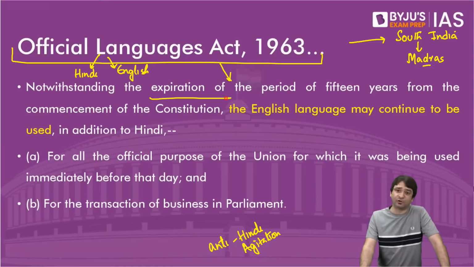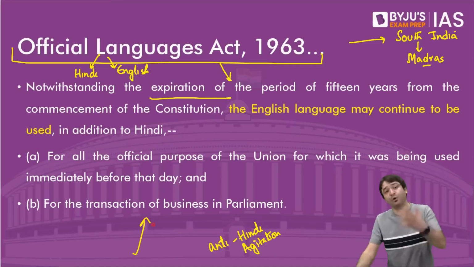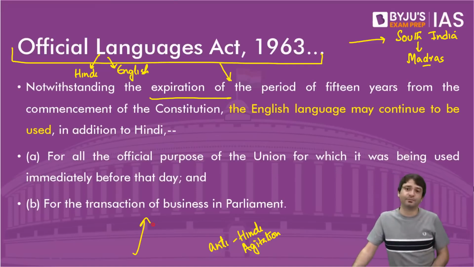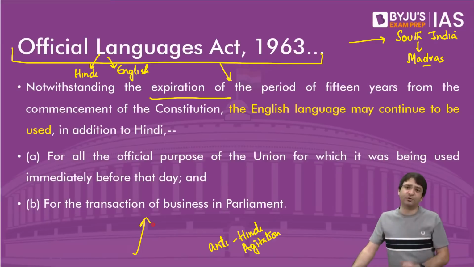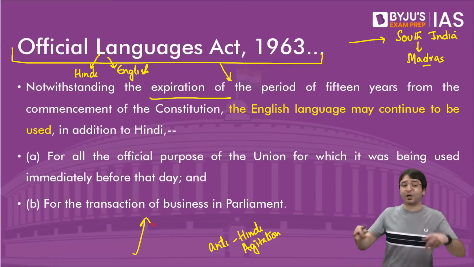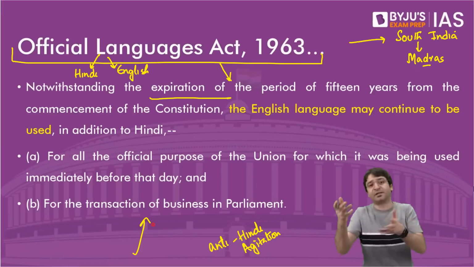And in parliament also, for all the transaction of business, both Hindi as well as English will be used. While communicating with the states, both English and Hindi will be used. When the central government communicates with the people, both English as well as Hindi will be used.